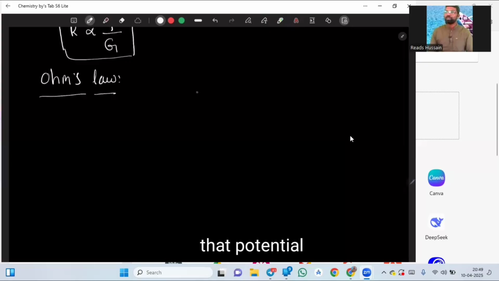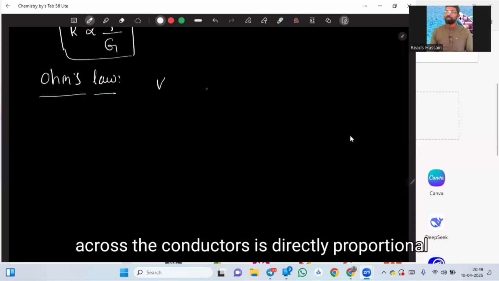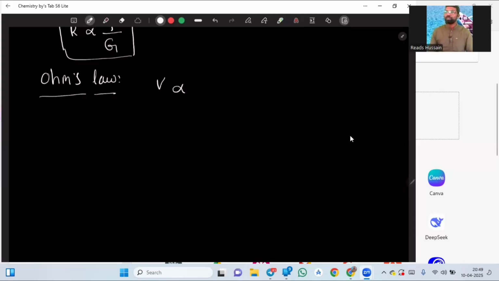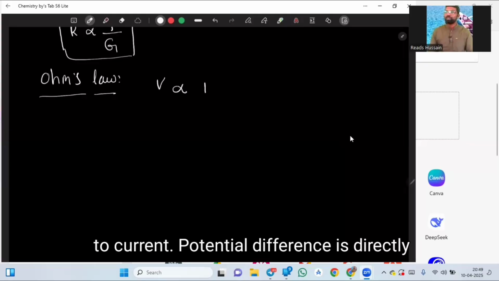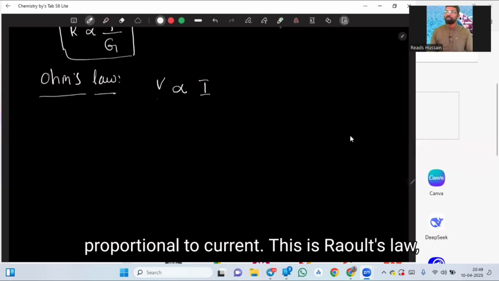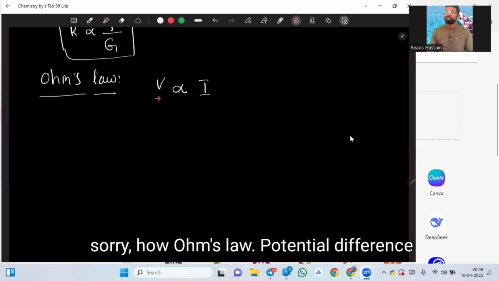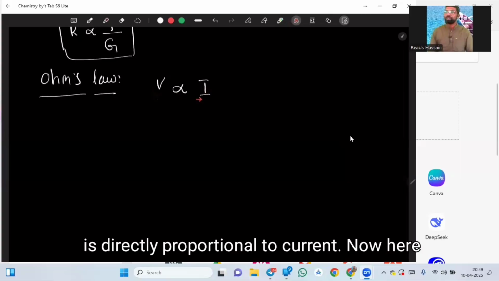Ohm's law states that the potential difference V across a conductor is directly proportional to current. Sorry, this is Ohm's law, not Raoult's law. Potential difference is directly proportional to current.